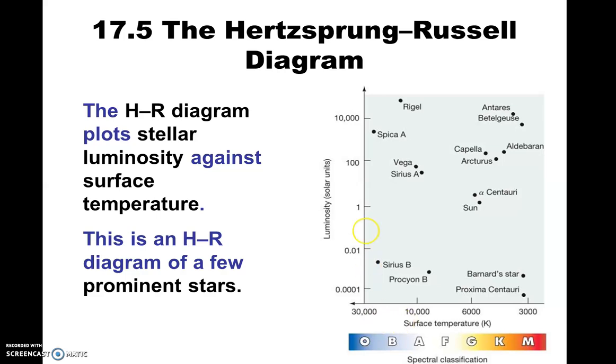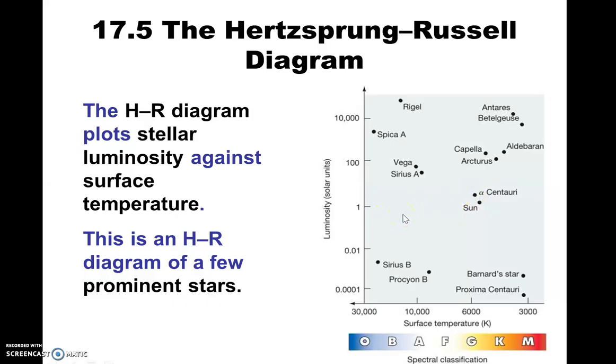All right, so what we do is we look at the temperature, we look at the luminosity in solar units, where there's the sun, for example. If you draw a straight line from one, you get to the sun. Notice Alpha Centauri is just slightly warmer than the sun.